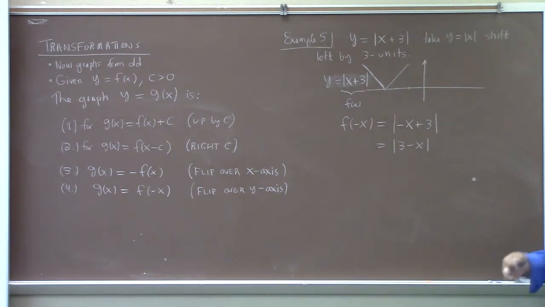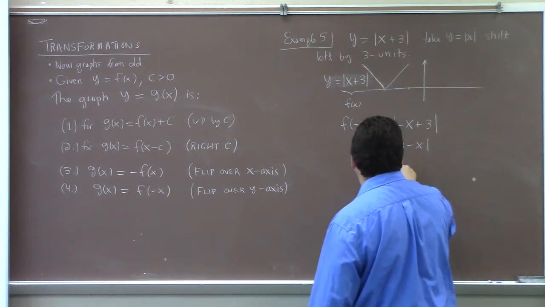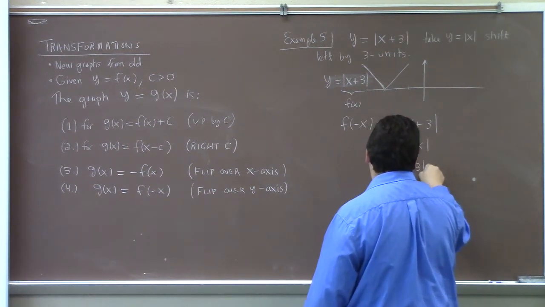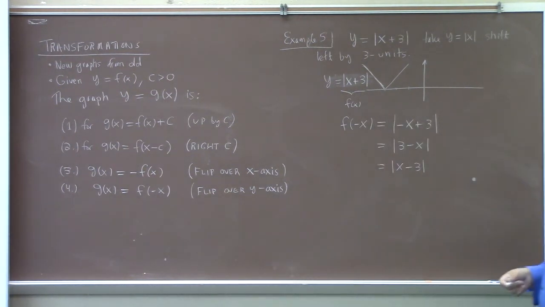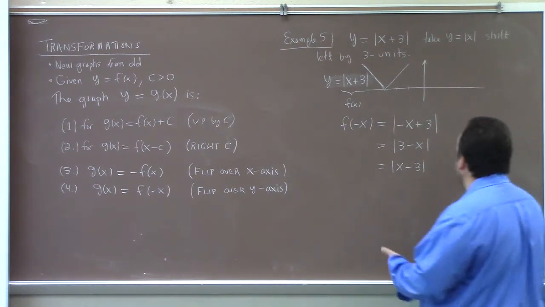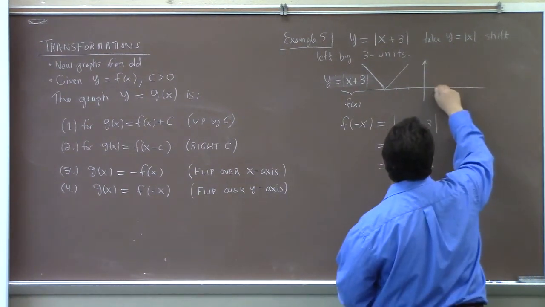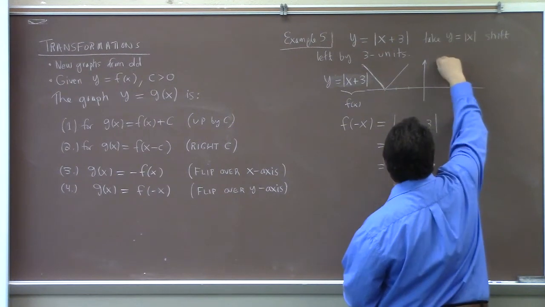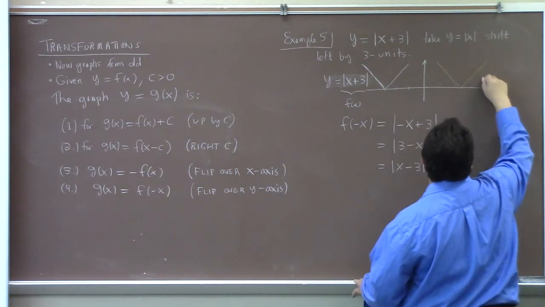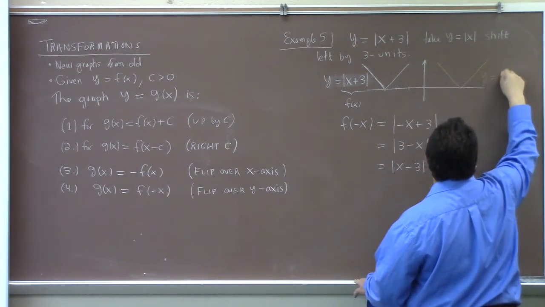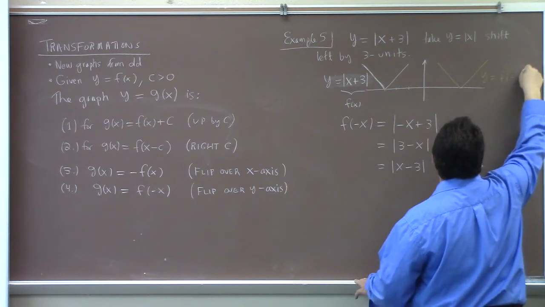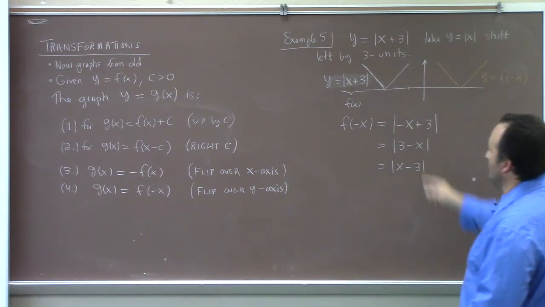I think a nicer way to write that, though, is the absolute value of x minus 3. It's easier for me to see what's going on if I write it that way. So you're right, it's the absolute value function shifted 3 to the right instead. So here's y equals f of minus x, when that's f of x.